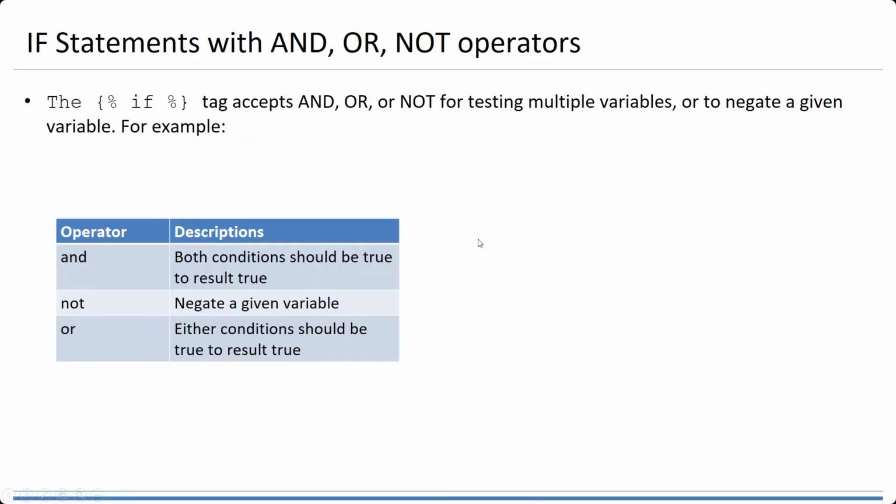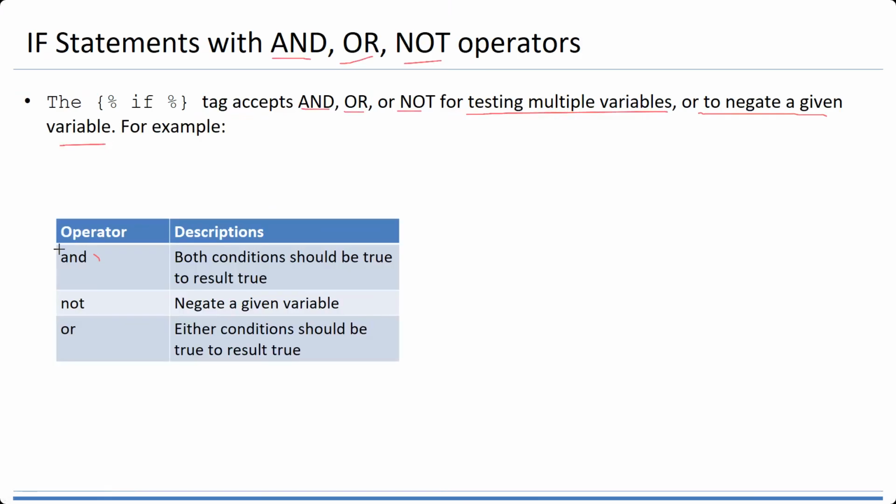In if statements, there are also operators. I think in Python, you also have this kind of operators. We call them the and, or, not operators. They accept and, or, not for testing multiple variables or to negate a given variable.